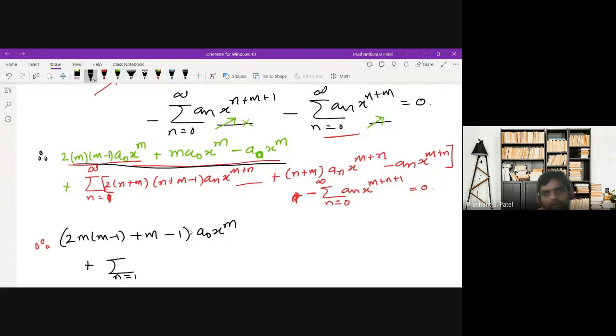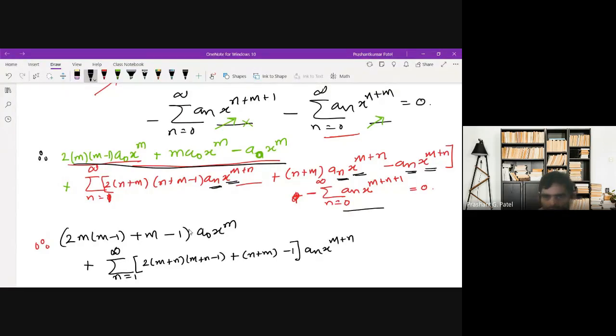Now it will start from 1 to infinity. Here you can also observe this x power m is common out, and an is also common. So that's why we can rewrite this as 2 into m plus n minus 1, an is common out, plus m plus n minus 1 into an x power m plus n.